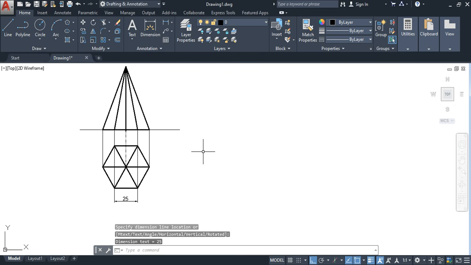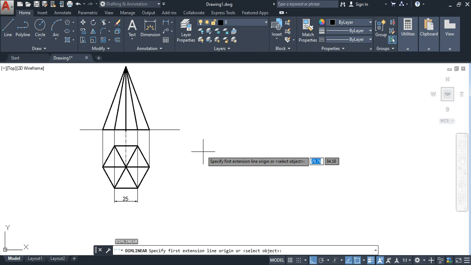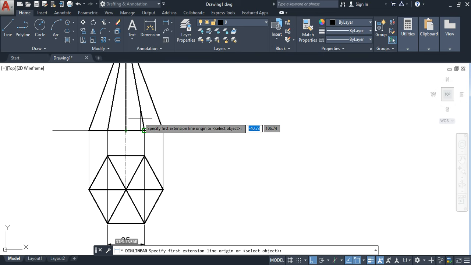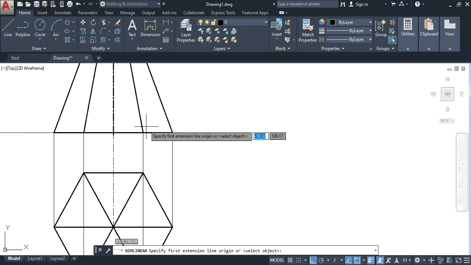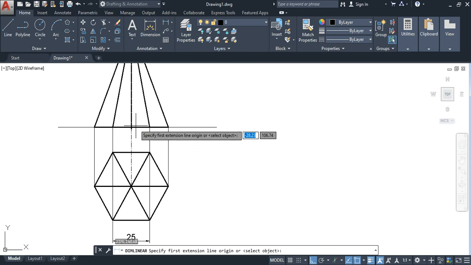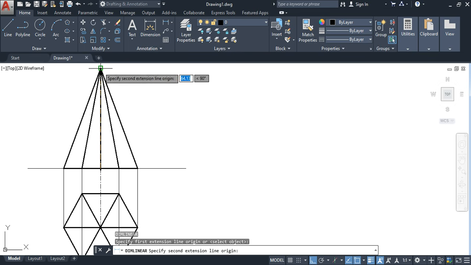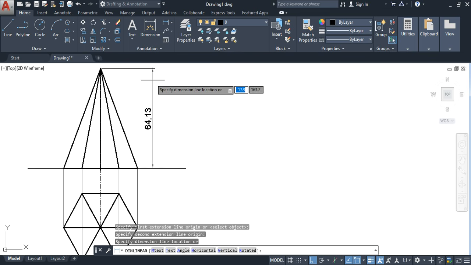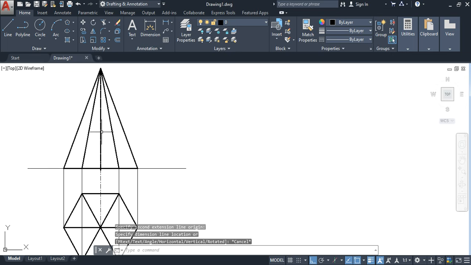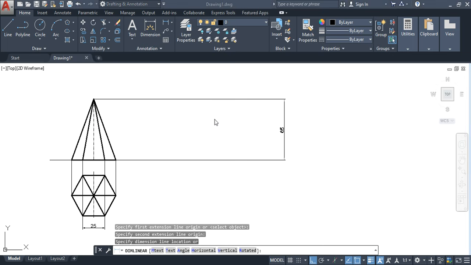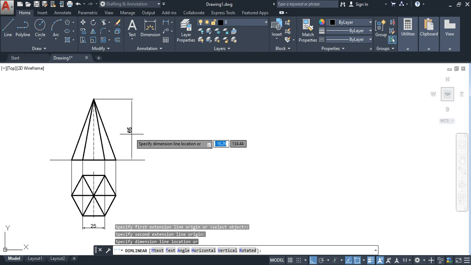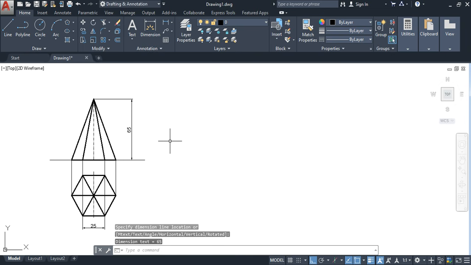Anyway, the height here will be 65, it's not 64.15.